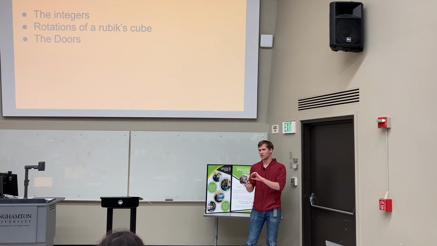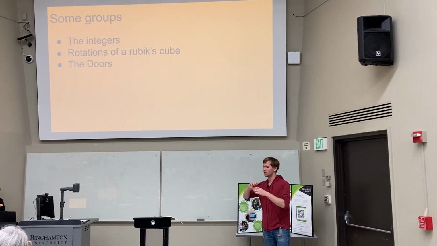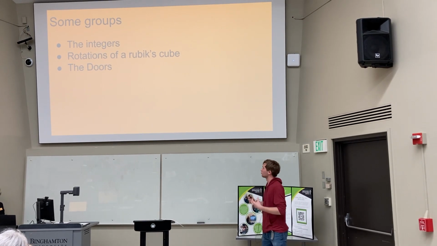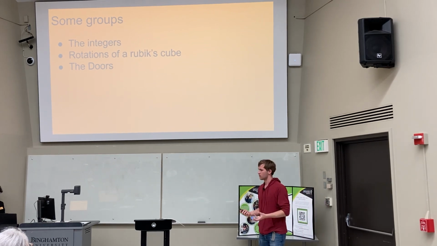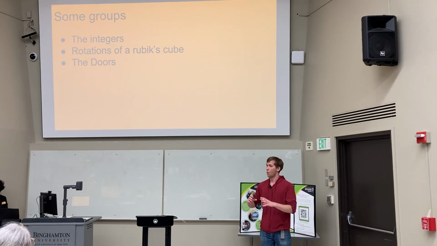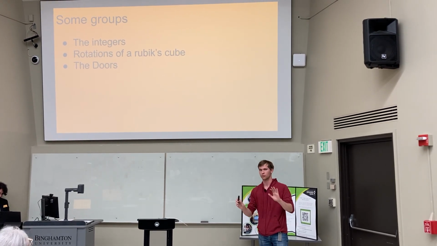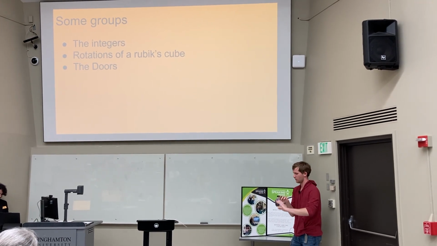We can compose them as much as we want, and eventually, let's say we have a scrambled Rubik's Cube, we can compose rotations to solve the Rubik's Cube. This forms a group, the group of rotations of a Rubik's Cube. So 0 in this group would be not rotating it at all, or rotating one face 360 degrees, because that doesn't affect the Rubik's Cube at all. That rotates the face back to itself.